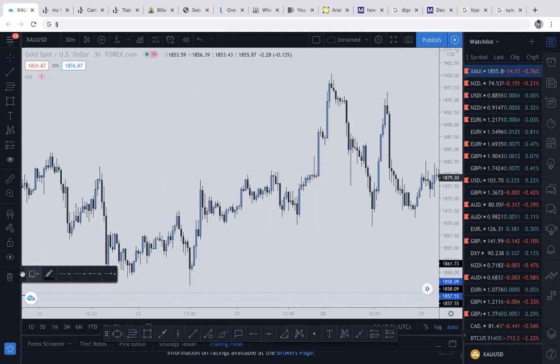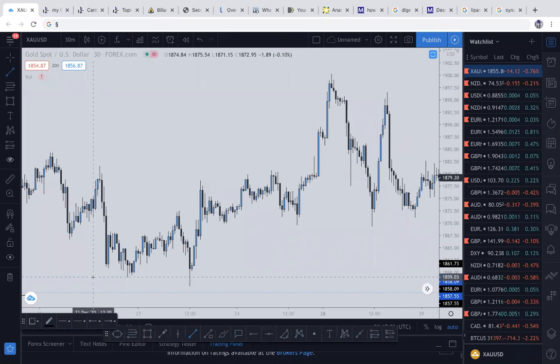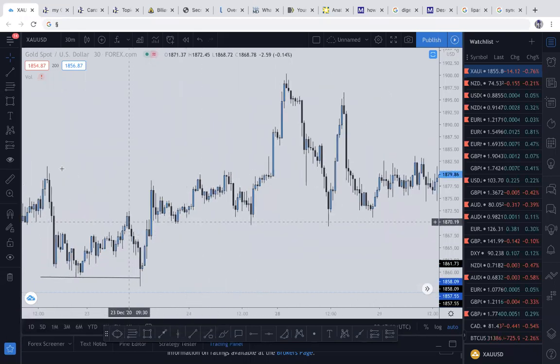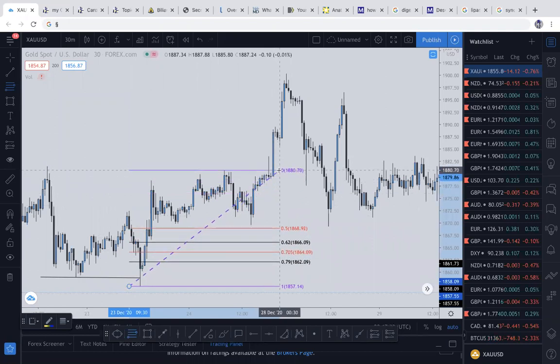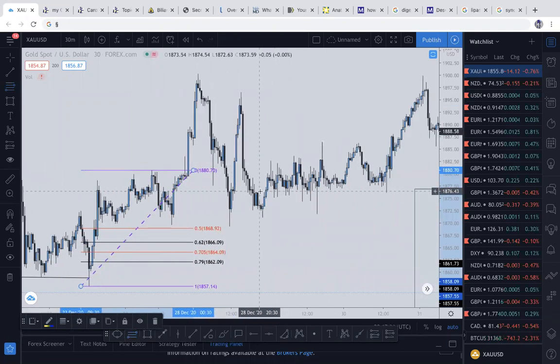Let's use this area as an example. We broke the structure right there. We didn't quite get to the 50%.